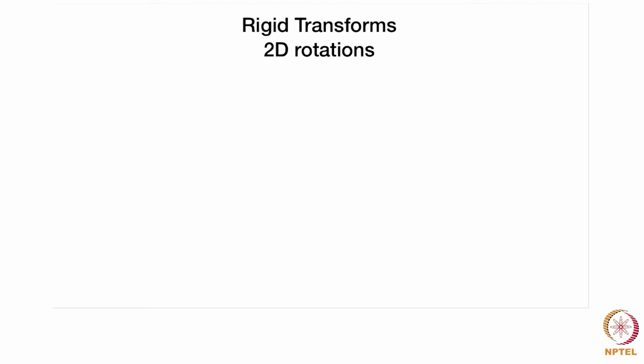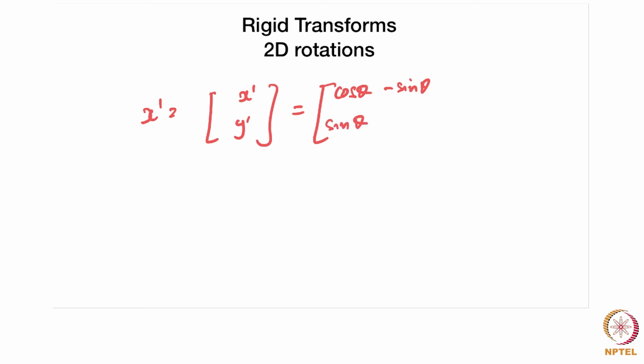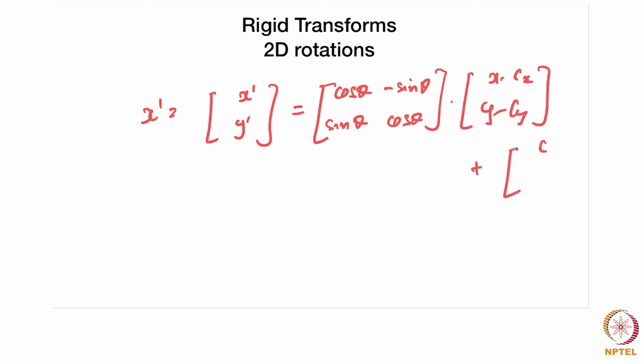So for instance, you would have, in this case, your x prime, y prime, then you have your rotation matrix. We saw this earlier also. And then, because once again you would move your origin of coordinates, and then of course add them back after you do the rotation.